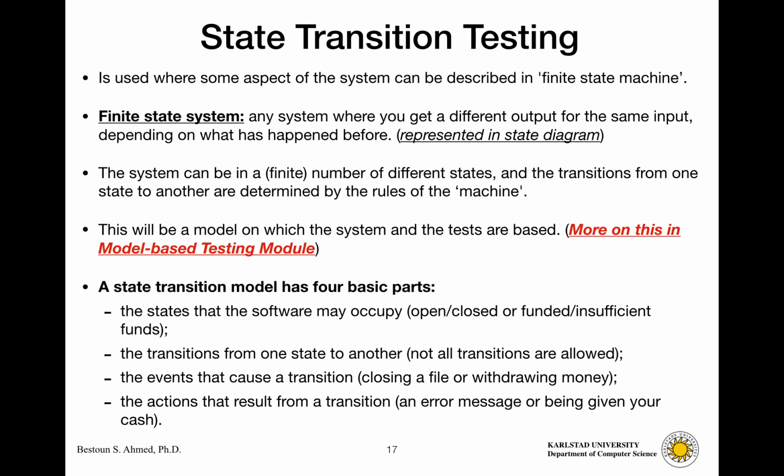So how a transition goes from one state to another, you have to have some kind of event. For example, you withdraw money or you close something or you click on something in the software. And then the action that results from a transition: when you click on something, you go from one state to another, and what will be the result of that?